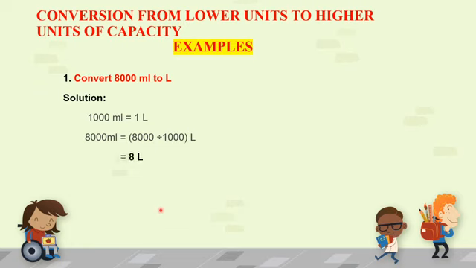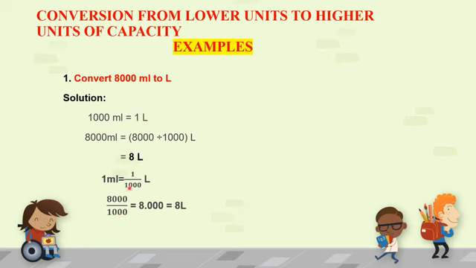There's another shortcut way of doing this, and that is using the concept of decimal. Here we know 1 milliliter equals 1 by 1000th liter. So first we write in the fraction format: 8000 in the numerator's place, 1000 in the denominator's place, and then we represent this in decimal form. How many zeros do you have in your denominator's place? 1, 2, 3. Why are we writing 1000 here?